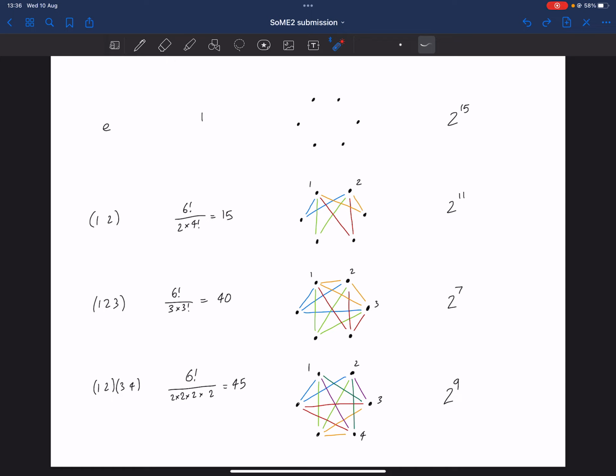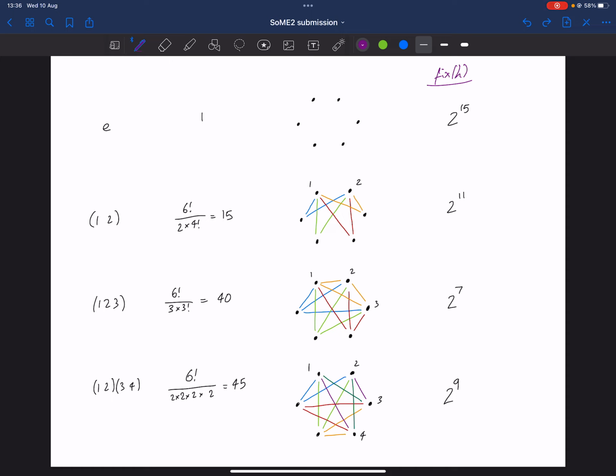And also fix h, which is the quantity we need to calculate for our formula. And this diagram next to each class of permutations is just illustrating where the calculated value comes from.